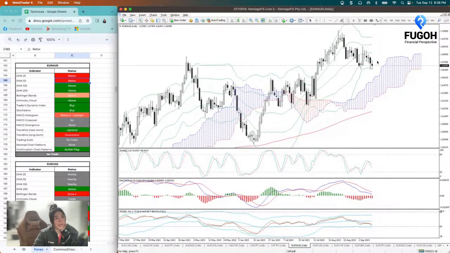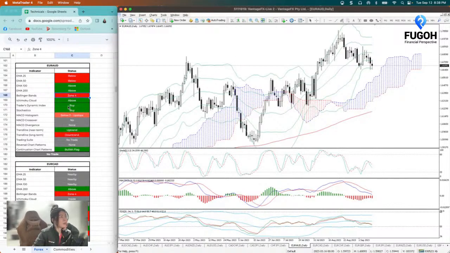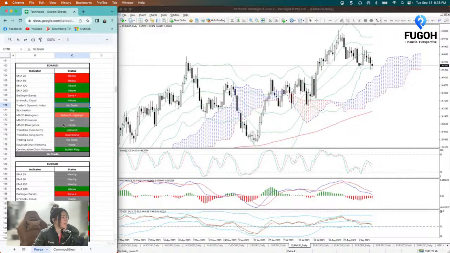Our Bollinger Band, the price is in zone 4. So that's a signal of a correction since there is an uptrend over here. Ichimoku Cloud is still above. TDI, where's your TDI? Still above 50, but it's below the middle band, so let's forget about the TDI. Stochastics is in the middle, so no.